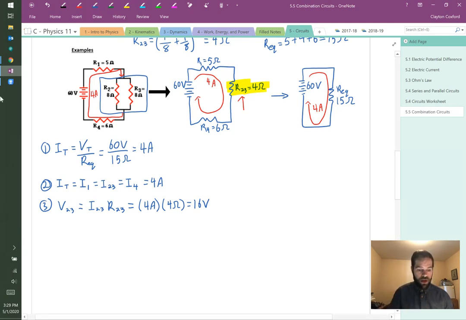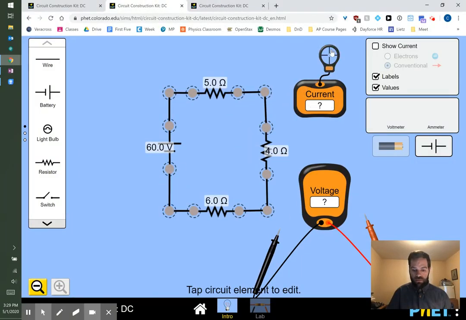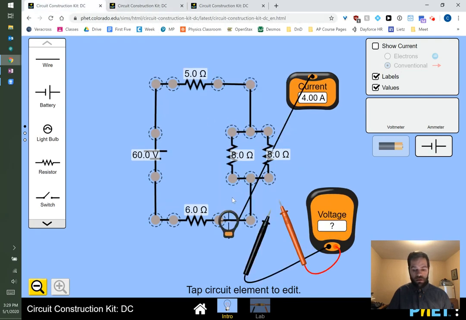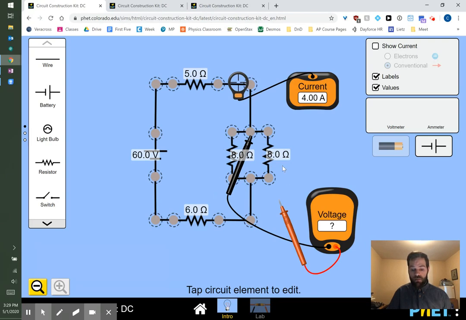Let's take a look back here at our circuit in PhET. So we have 4 amps of current, and across this 4 ohm equivalent resistance, if there's 4 amps running through it, we're going to have a 16 volt drop across it. That means that if we have 4 amps running into this parallel branch, some of it going to the left, some of it going to the right, we can even see that visually.